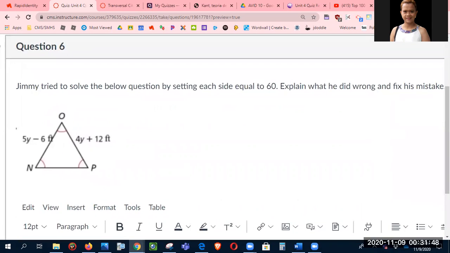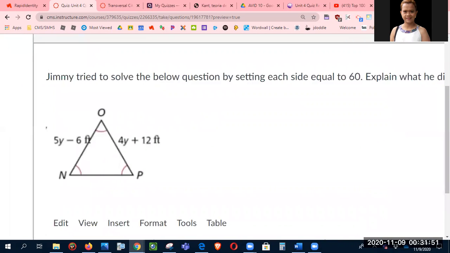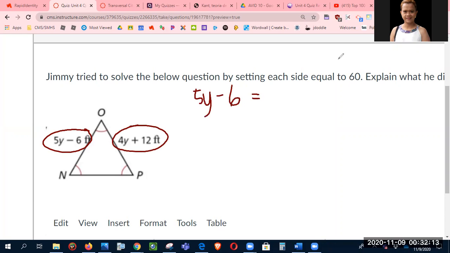In this case, Jimmy needs to set the expressions equal to each other. So 5y minus 6 is equal to 4y plus 12, because they are congruent.